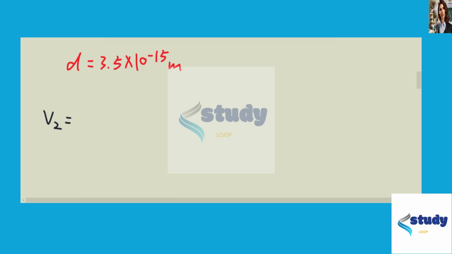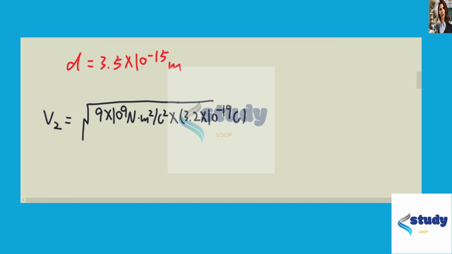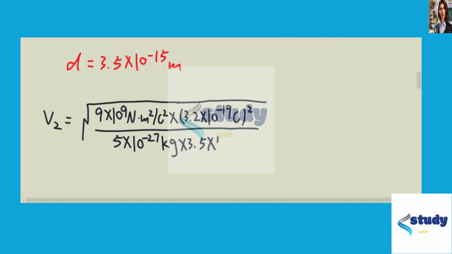The speed of helium is about the square root of 9 times 10 to the power 9 Newton meter squared per Coulomb squared, times 3.2 times 10 to the power negative 19 Coulomb squared, over 5 times 10 to the power negative 27 kilogram, times 3.5 times 10 to the power negative 15 meter.